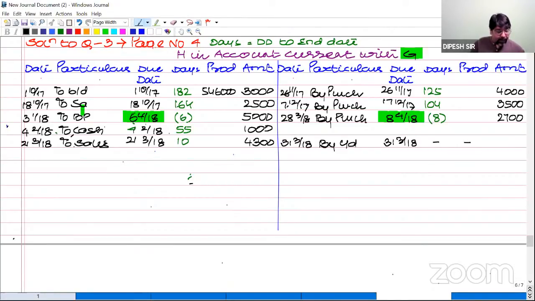Then 2,500 into 164, 4,10,000. 3,000 into 182, 546,000.